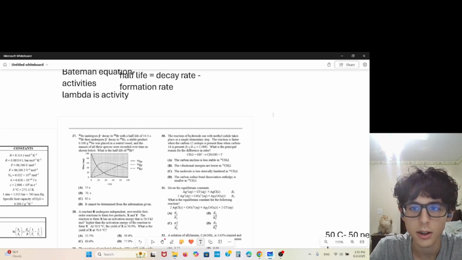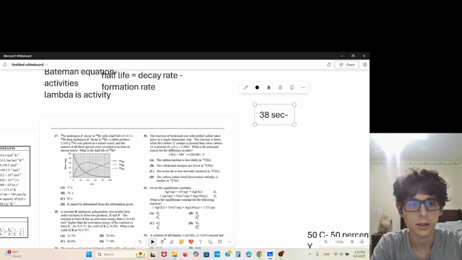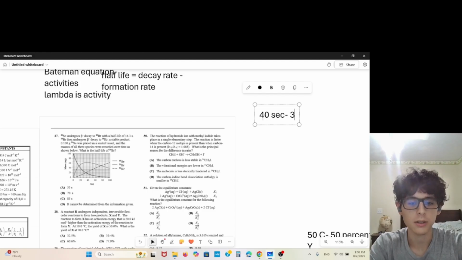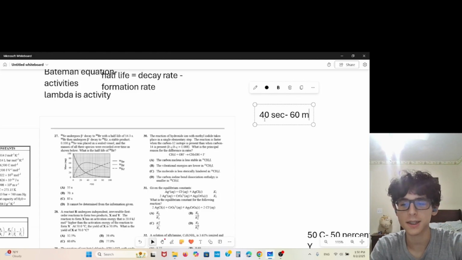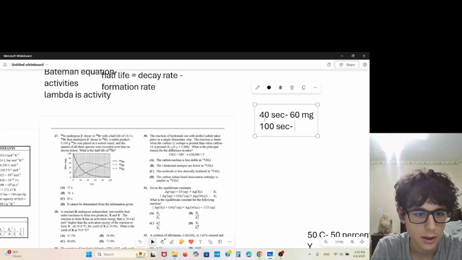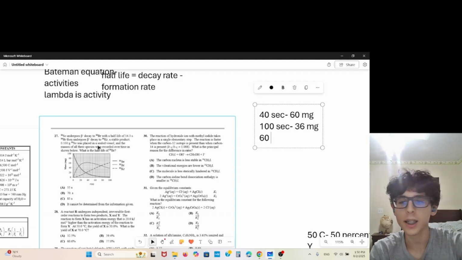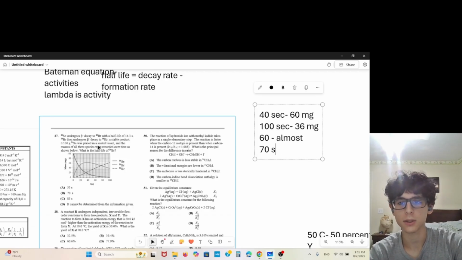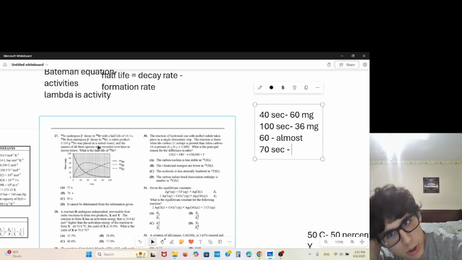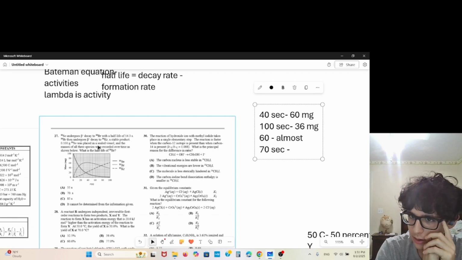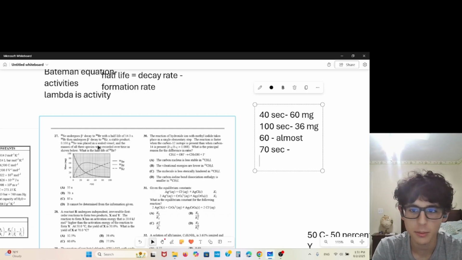Basically, what's going on is, no, sorry, yeah, 40 seconds, 38 milligrams. 40 seconds, 60 milligrams. 100 seconds, about 36 milligrams. So if in 60 seconds it's almost half, you can say 70 seconds it's going to be fully halved. You can think about it proportionally. If 60 seconds is 60 over 36, x seconds is 60 over 30. I guess you do proportion and you get like 72 or something.